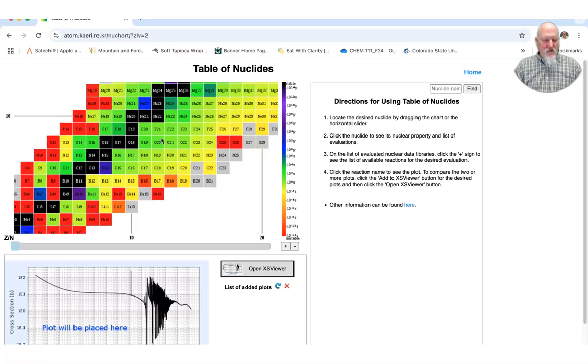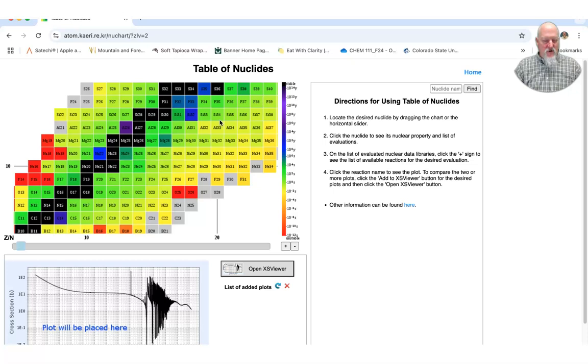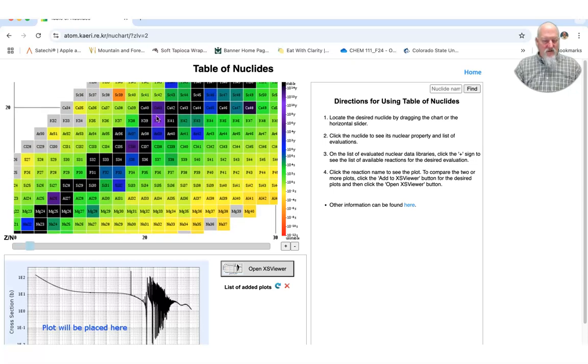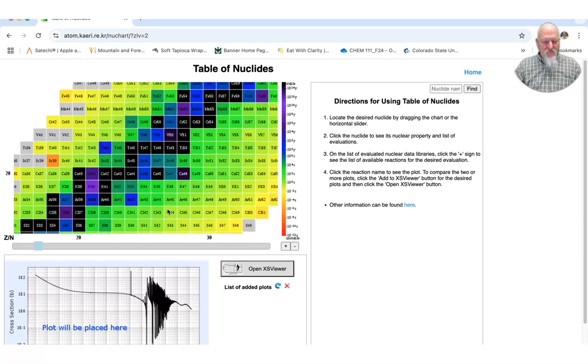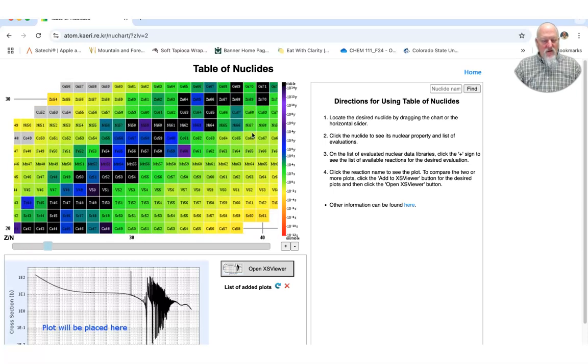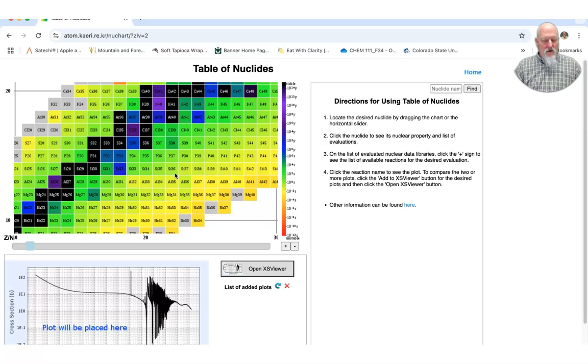So I can scroll this a little bit and go to our bigger atoms. And we can see, some of these, like calcium, have 1, 2, 3, 4, 5, 6 stable isotopes, and many not stable. The color actually has to do with the half-life, and we'll get to that in a little bit.